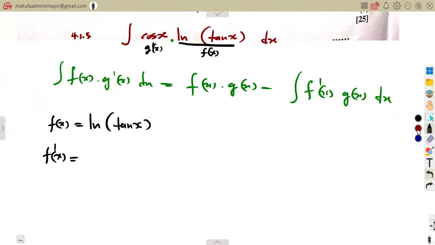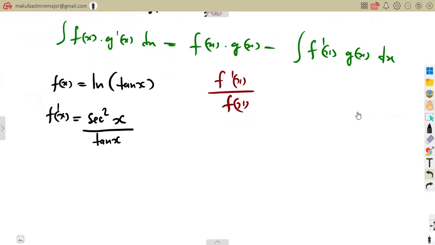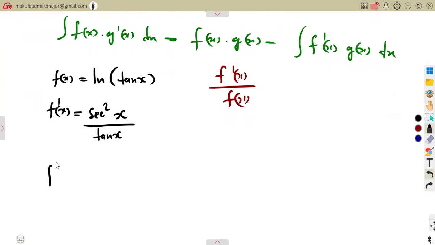Remember the derivative of ln, guys, I talked about it: the first derivative of f of x over f of x. The first derivative of f of x, we are talking about a tan. The derivative of tan is sec squared x, over f of x, which is the tan of x. But the question is, can we simplify this? Because somehow we might need this in simplified form.